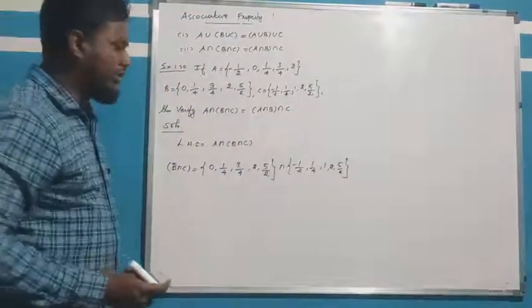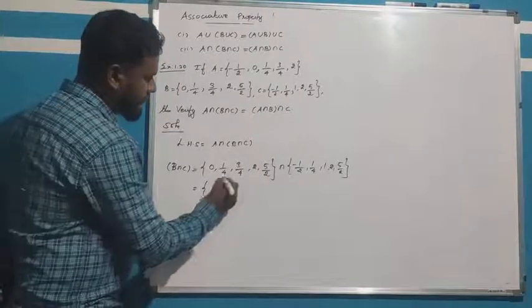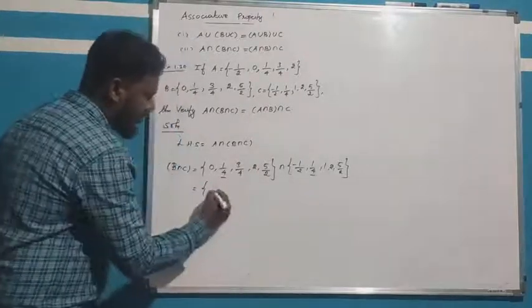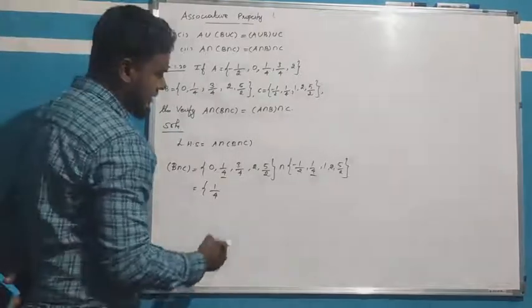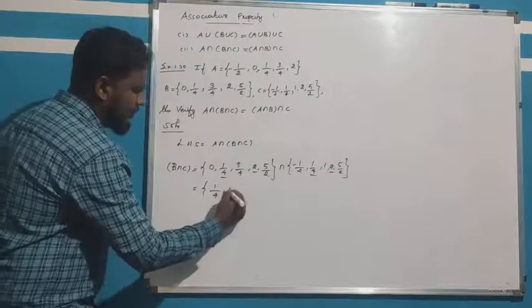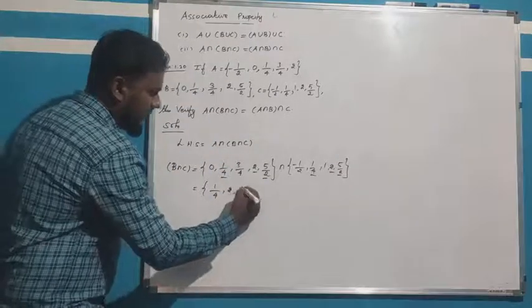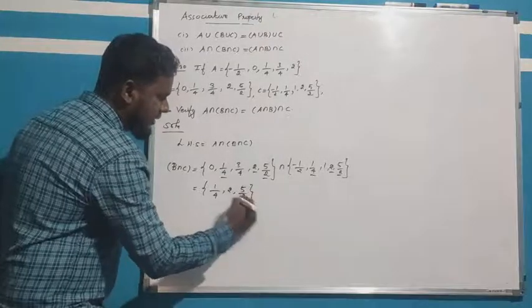Intersection means it contains the common elements. So what are the common? 1/4 is common, 2 is common, and 5/2 is also common. So B intersection C is 1/4, 2, 5/2.